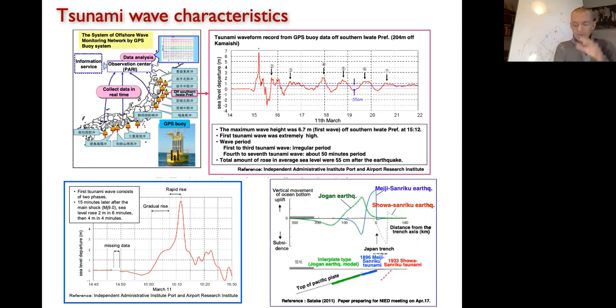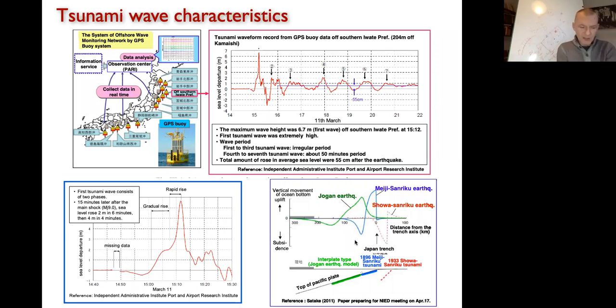And I left this because Kenji Satake, one of the big names dealing with seismology and tsunami, modeled, you see here a sketch, a cartoon of what was occurring in the subduction of the Pacific plate. And he was modeling similar features of what occurred also in the past.